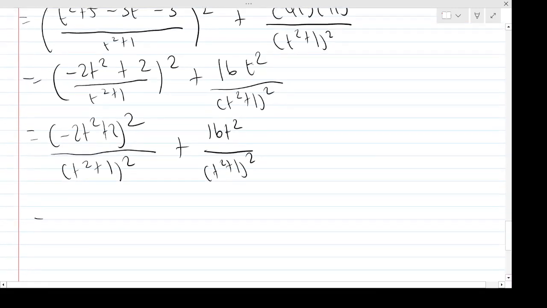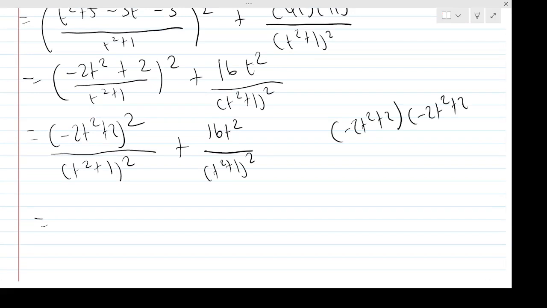Okay, well, if I expand it then, so minus 2t squared plus 2, minus 2t squared plus 2, again, that's just what we did throughout this little video. Well, again, work with the first term, and I'm going to expand by timesing it by everything in the other bracket. So that's going to be minus 2t squared times minus 2t squared.